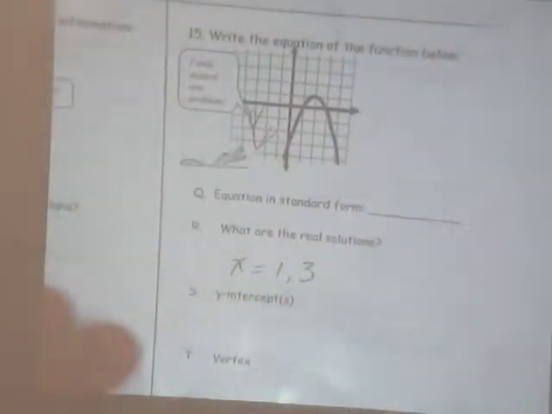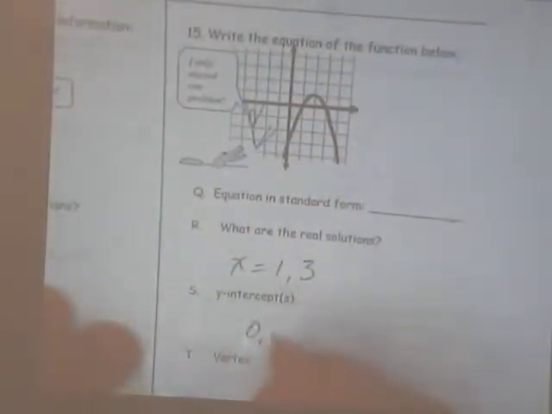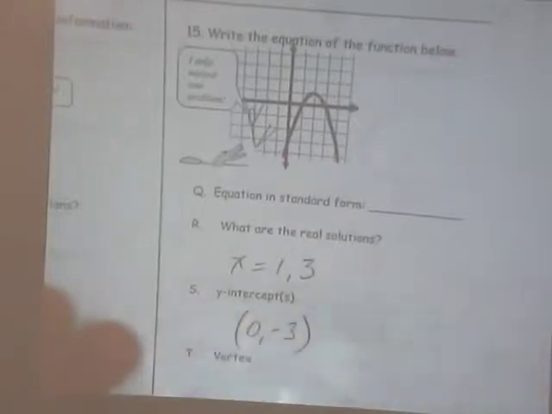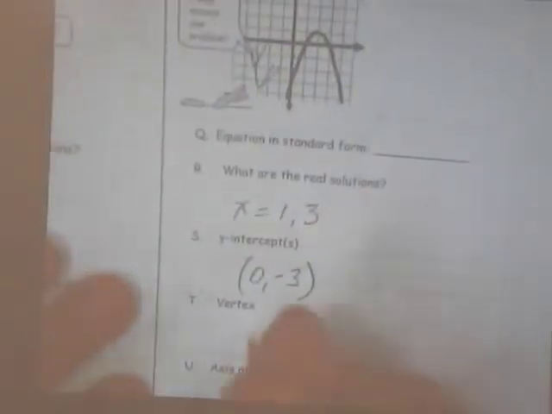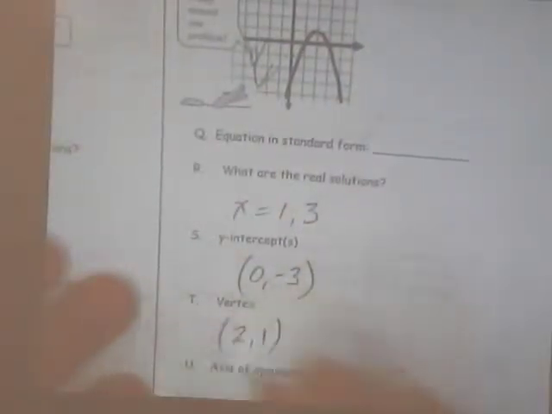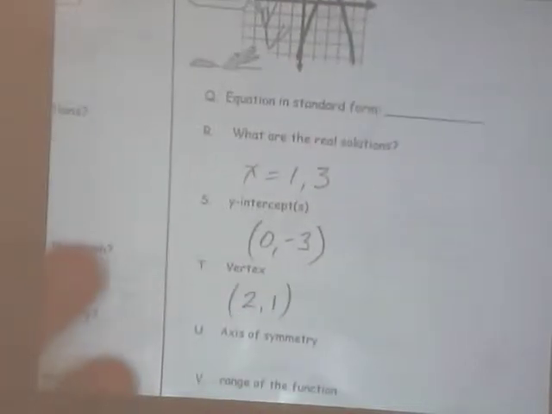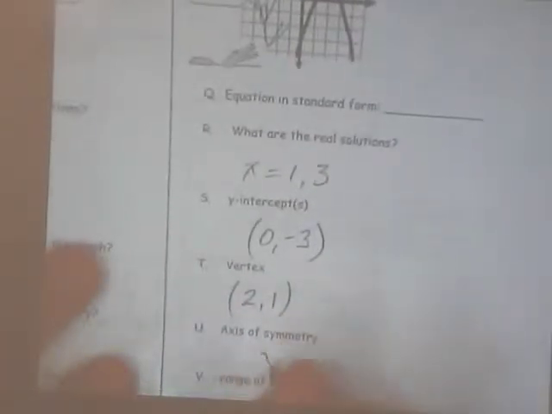Everybody okay with that? Y-intercept? Negative 3. I'll agree with that. 0, negative 3. How about my vertex? 2, 1. Axis of symmetry? x equals 2.